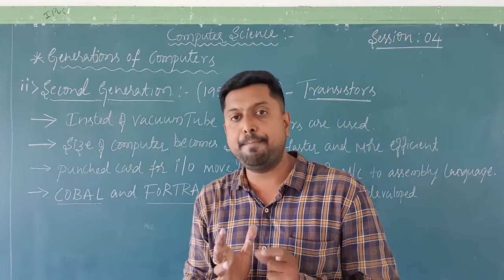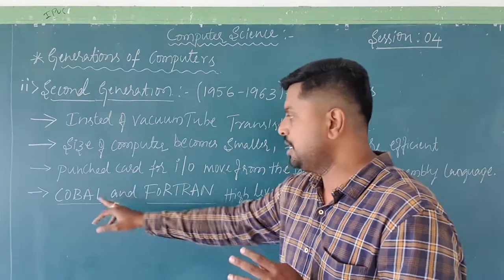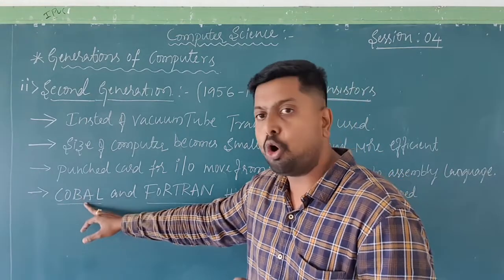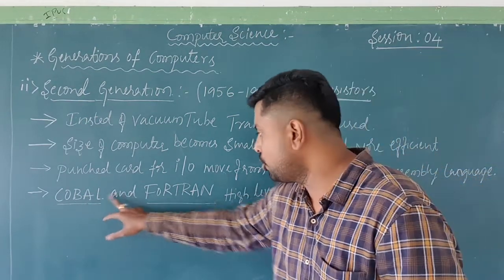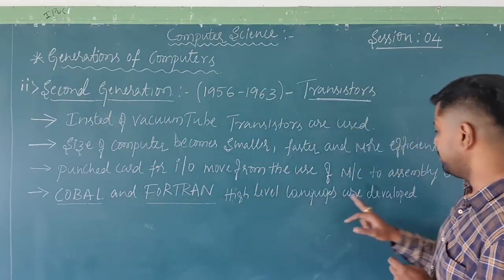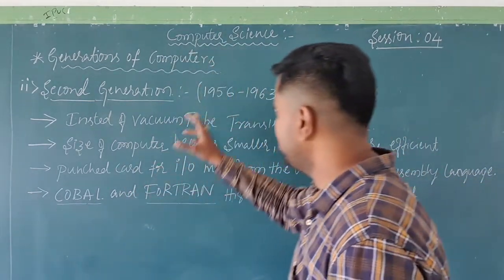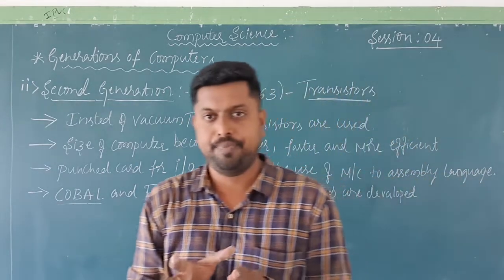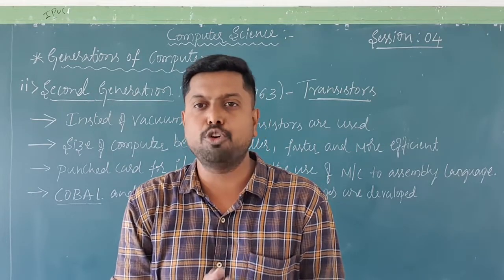And very importantly, in the second generation of the computer, two high level languages were introduced, COBOL and Fortran. COBOL and Fortran were developed in the second generation of the computer during 1956 to 1963. So these are some properties of the second generation of the computer.